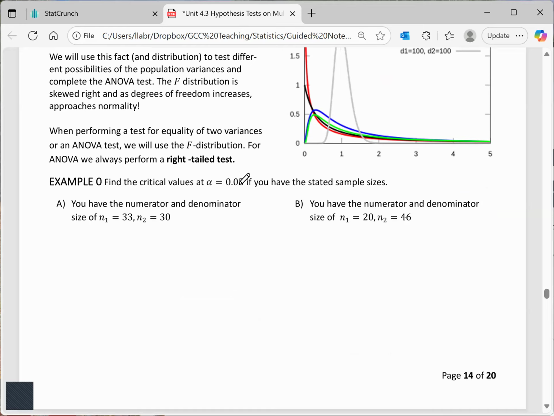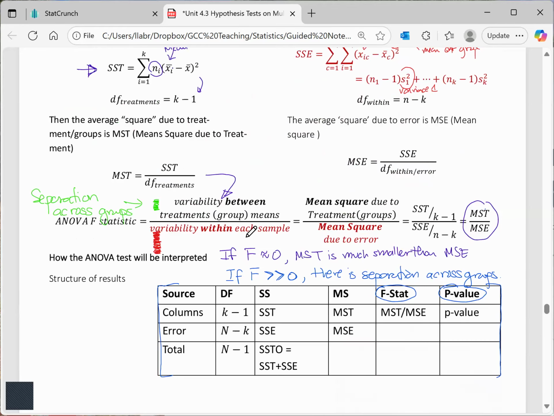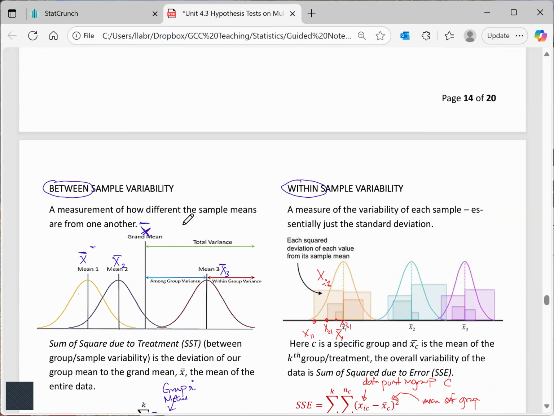Oh, and I should say this. You either have a small F ratio or a very large F ratio. So this will always be a right tail test.